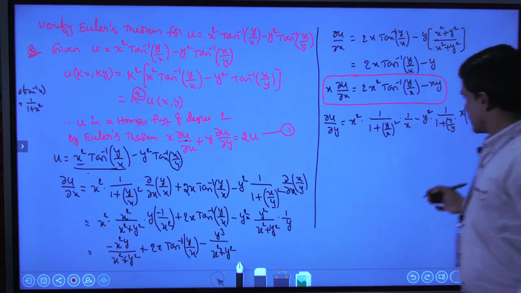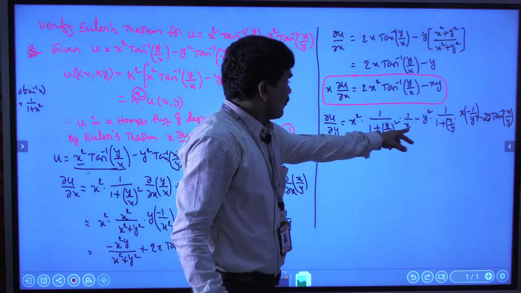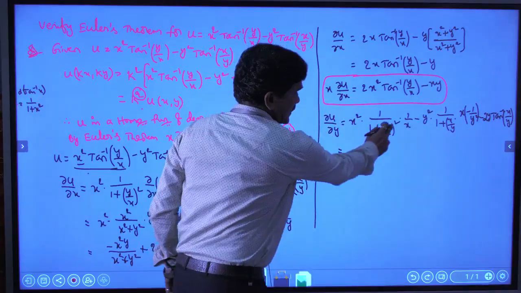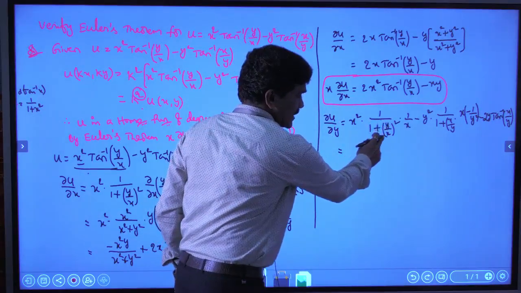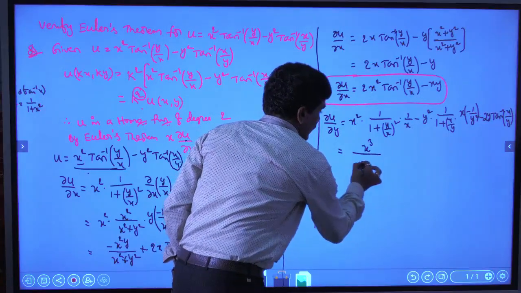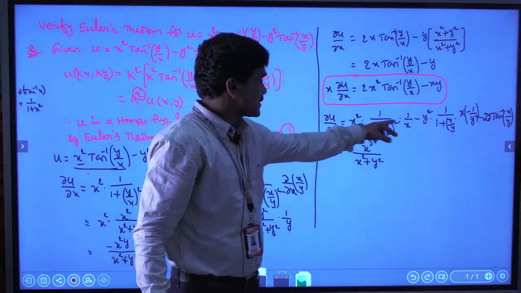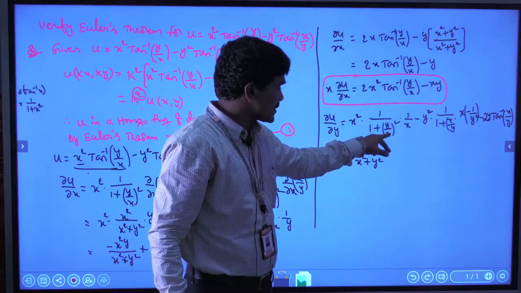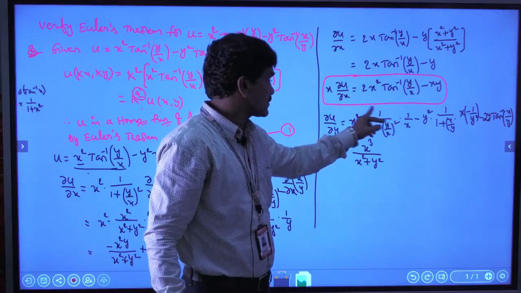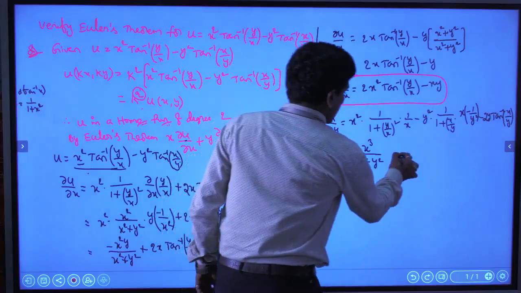Simplifying this, here we get 1, x cancel, here take LCM, x square plus y square by x square, finally we get x cube by x square plus y square, right? So x cancel, I am taking x square plus y square by x square, take into numerator x square, here we have x, so then that is x cube, right?